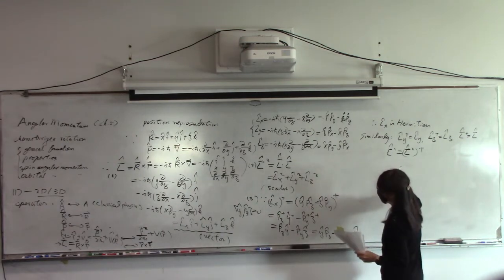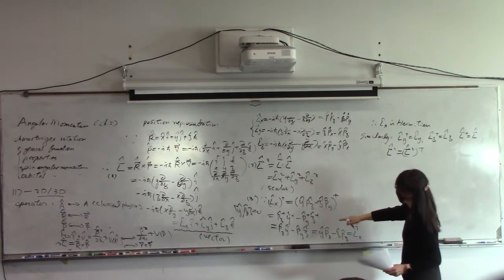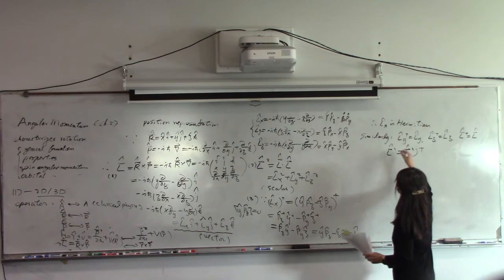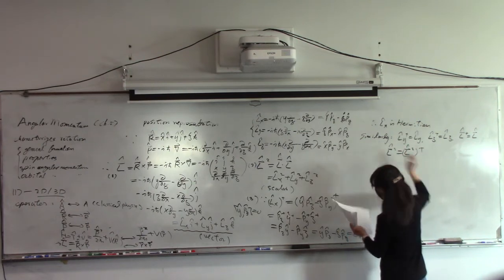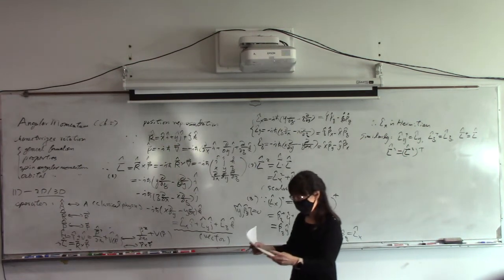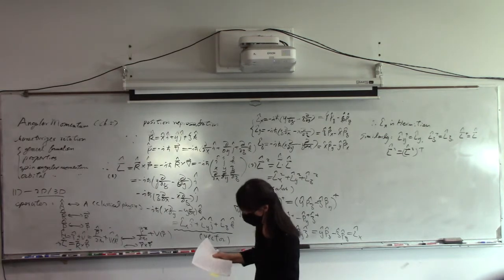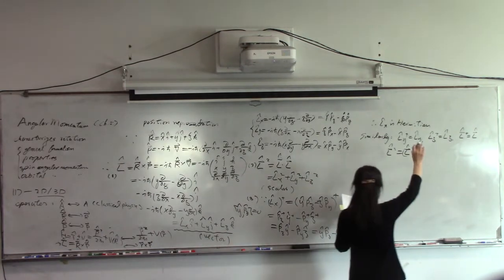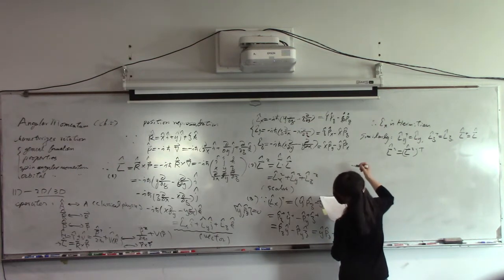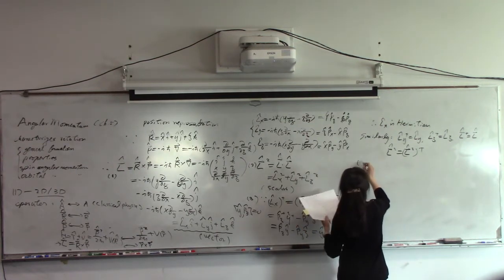So that is property 3: these are Hermitian operators. Property 4 is general: if we extend to arbitrary general angular momentum, this is number 3 and number 4.